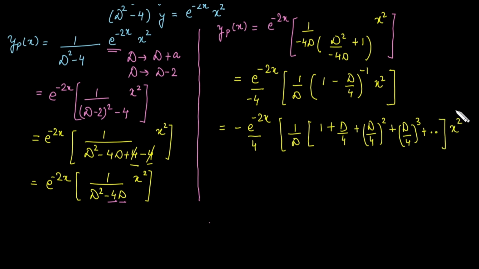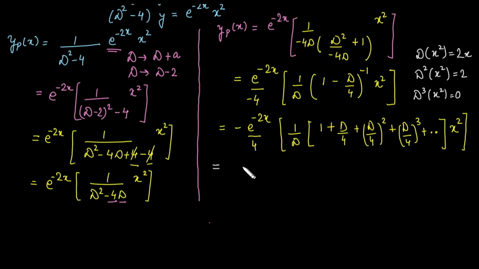Now the point is how many terms we need in this case. We have the function x square. Its third order derivative is 0. If you observe, the derivative of x square is 2x, the second order derivative of x square is 2, and its third order derivative is 0. So there is no need to take the third order derivative term along with higher order derivatives.